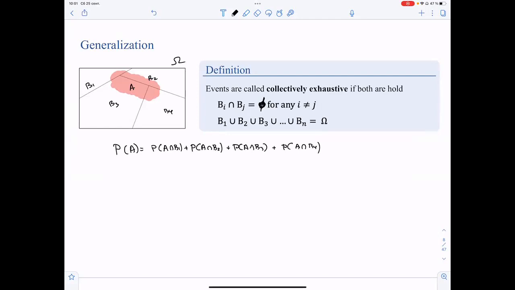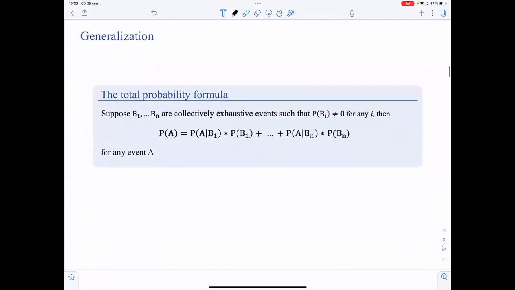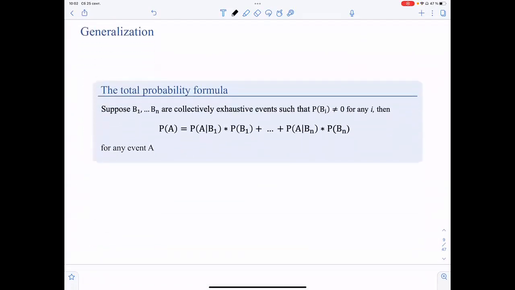And this could be done up to the sub-event B subindex N, which illustrates that we have split the population into a list of collectively exhaustive events B. Once you apply the chain rule formula to every one of these intersections, you'll get what is called a full probability formula.